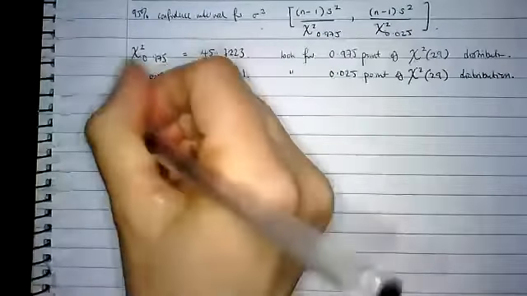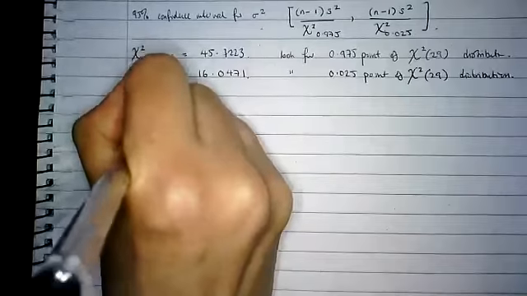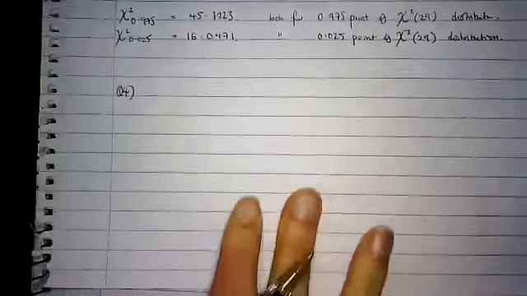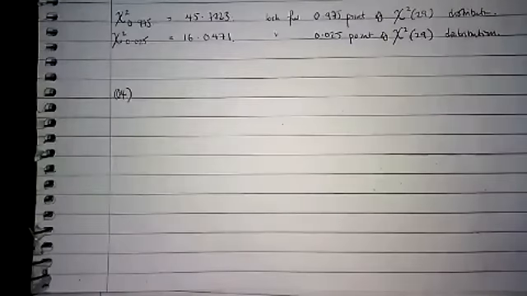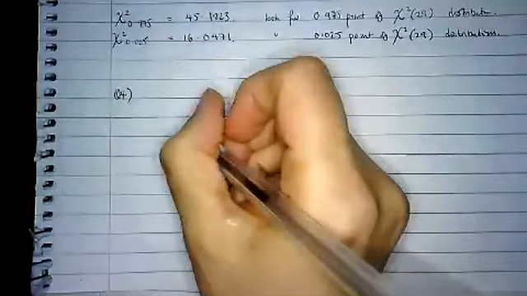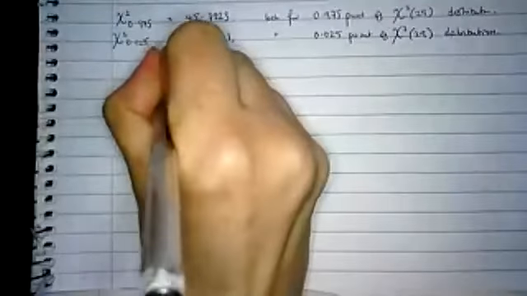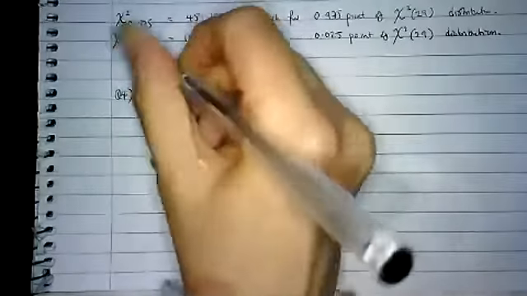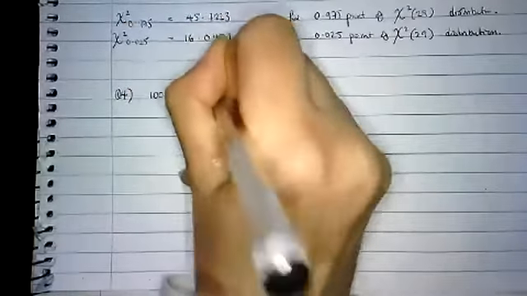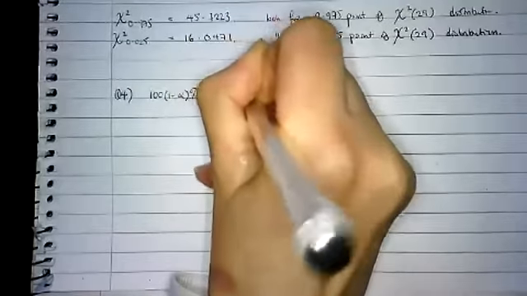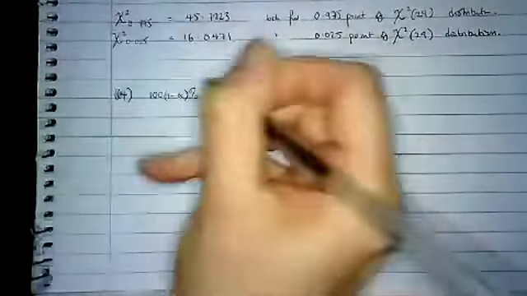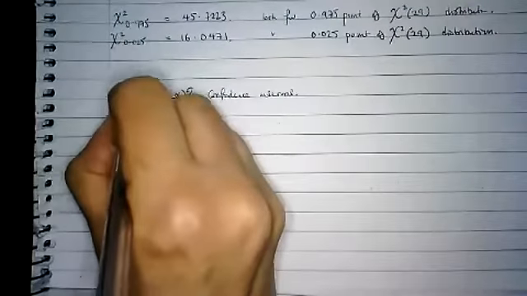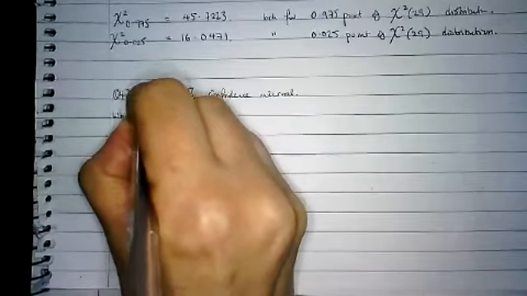So moving on to question 4. The first thing I'd like you to do is to just have a think about what the 100(1 minus alpha)% confidence interval is going to look like. So what is the formula for this?